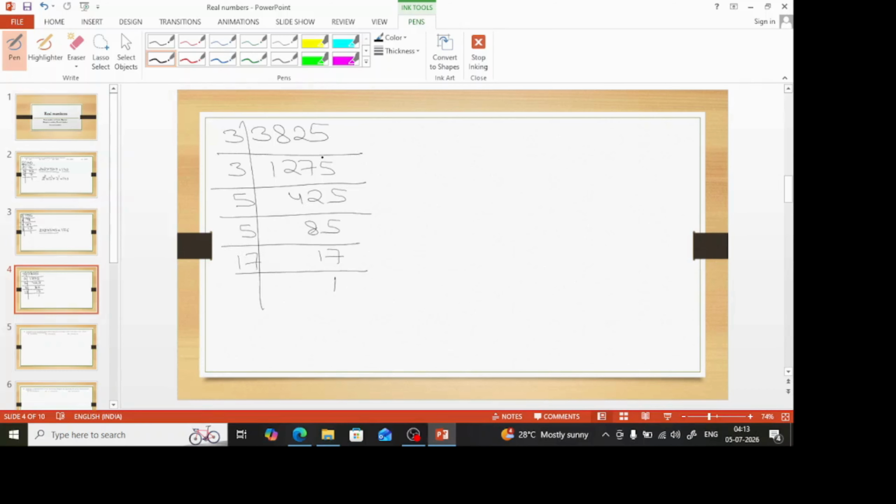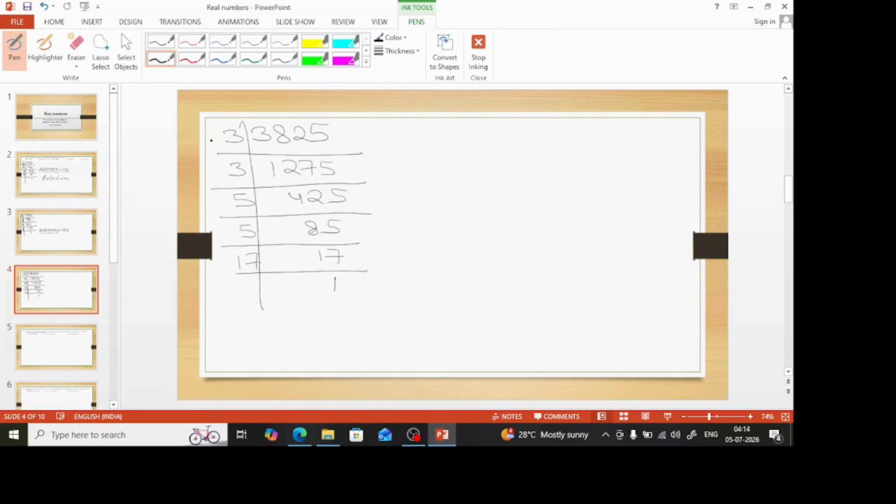Here, first of all you must see, we did not start with 2. 2 is the lowest prime number. We did not start with 2 because for a number to be divisible by 2, it should end with an even number. Here 5 is an odd number, so we will not take 2. Why have we started with 3? Because of a divisibility rule.